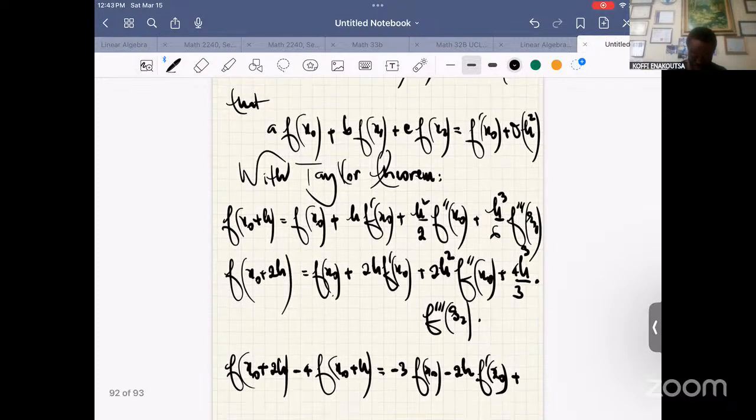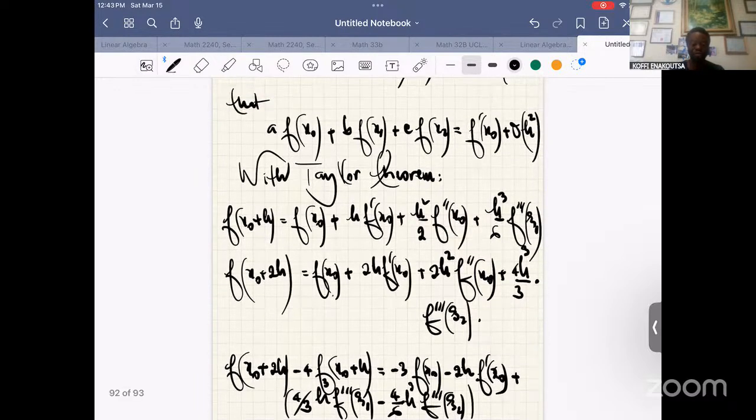Okay, so we put that together, and that will be plus 4 divided by 3, h cubed, f third of C1, like that, minus 4 divided by 6, h cubed, f triple prime of C2. Close it like that, okay?